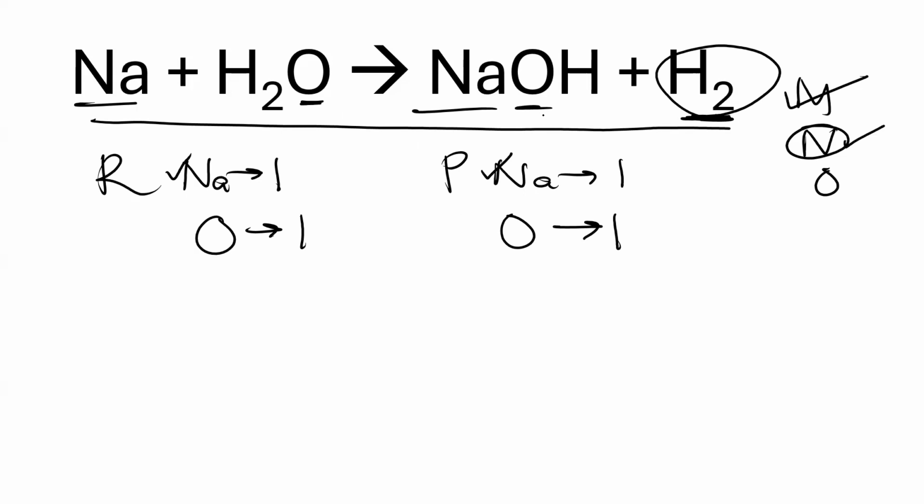Then for hydrogen, we have 2 on the reactant side, and on the product side, we have 2 plus 1, that's 3.